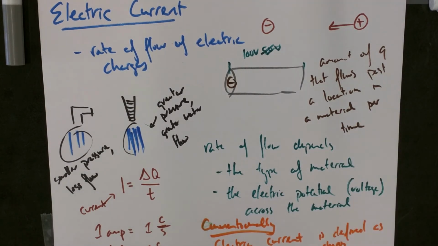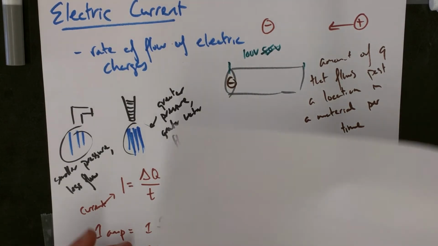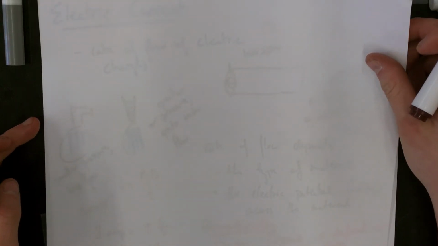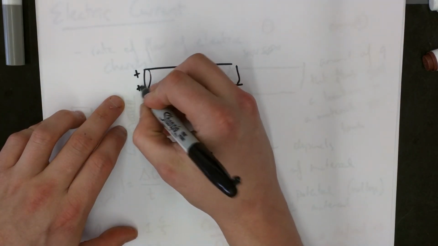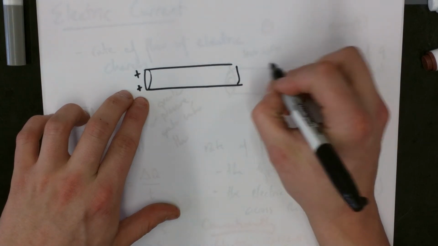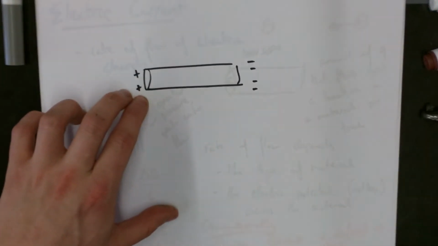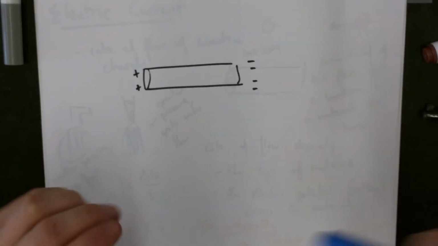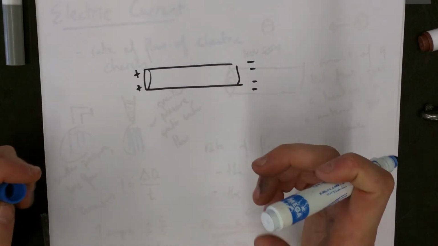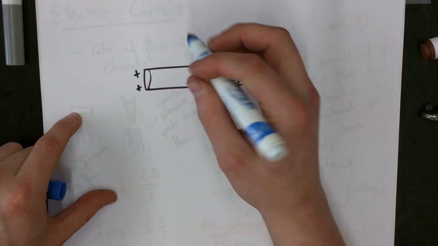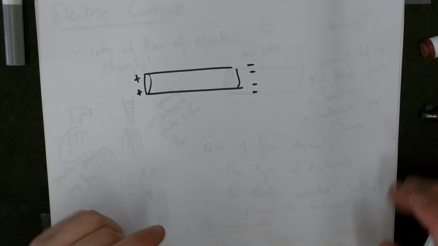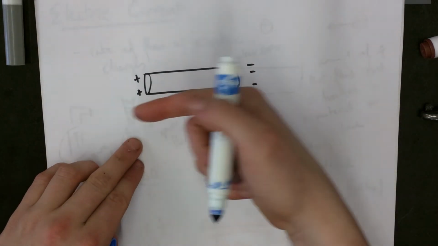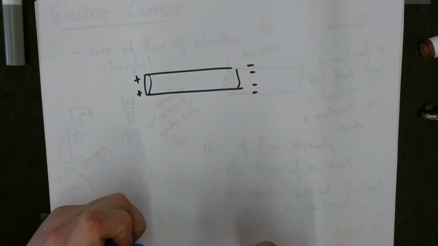So let's get back to this convention. I just want to show you what this would mean if I have some wire here, and let's say that I've built up some positive charge over here and some negative charge over there, so that there's a potential difference and there's an electric field. Then if I have a proton here, I know that it's going to feel a force that way, and if I have an electron, it's going to feel a force that way.